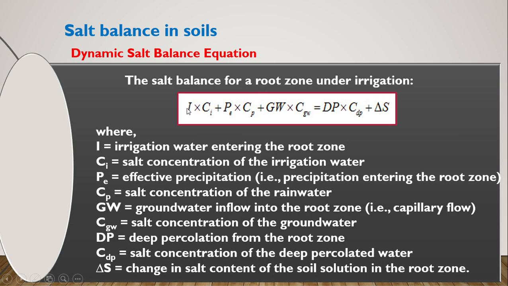So irrigation and its salt concentration plus effective precipitation and the salt concentration of the rainfall plus groundwater rise and the salt content of the groundwater minus depercolation and salt concentration of the depercolation water will give the change in salt content of the soil solution in the root zone. So this is about the balance, the input and output. Balancing of the input and output is known as salt balance.